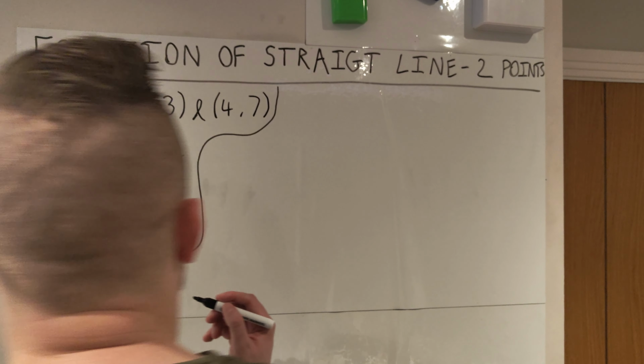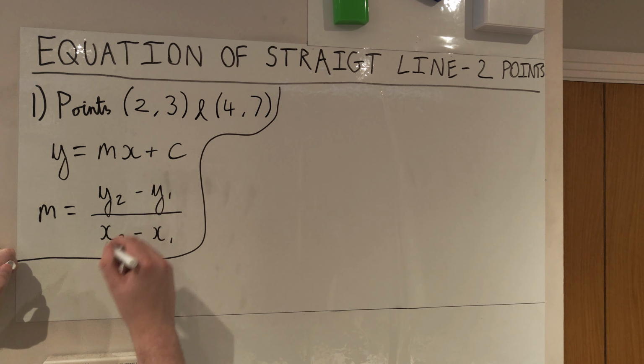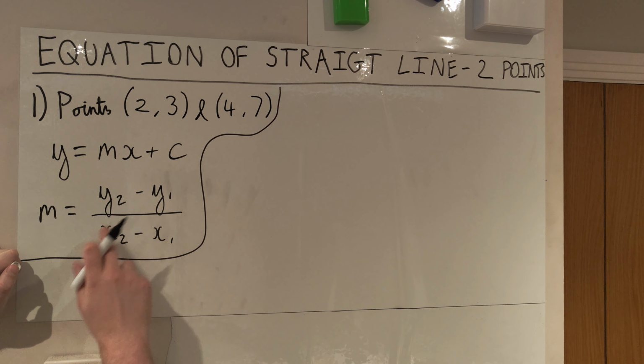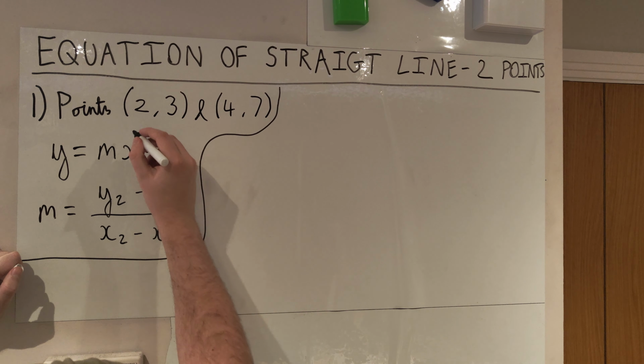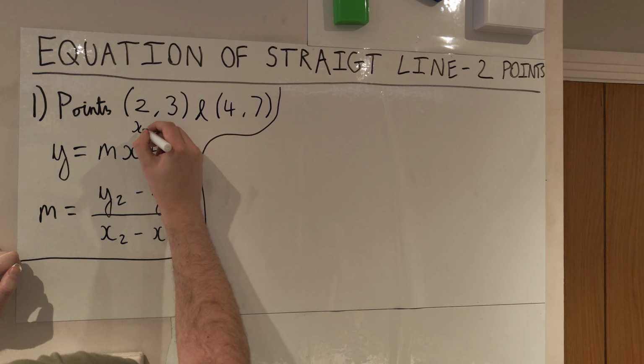So we can pop that on here. I say it doesn't matter because it will still work out the correct gradient if you sub it in correctly. So x1, y1, x2, y2. As a little reminder, you don't need to write that, but it'd be good for the equation.